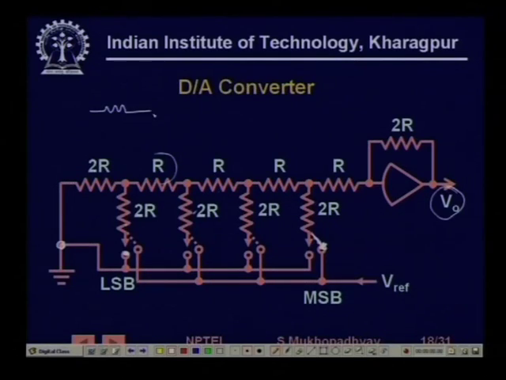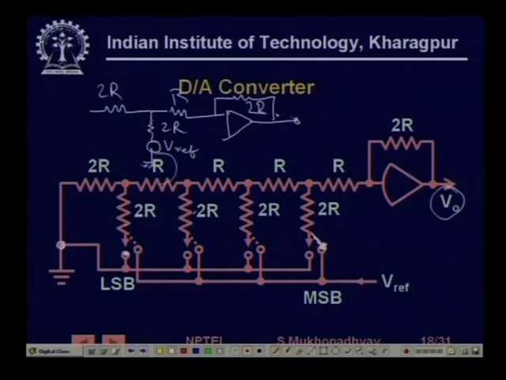So, you have a 2R, you have a 2R, and then you have a voltage source. So this is your Vref, and then you have an R and then you have an amplifier, and here you have a 2R. So, R, 2R, 2R.